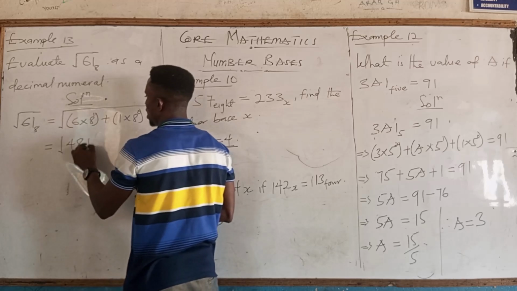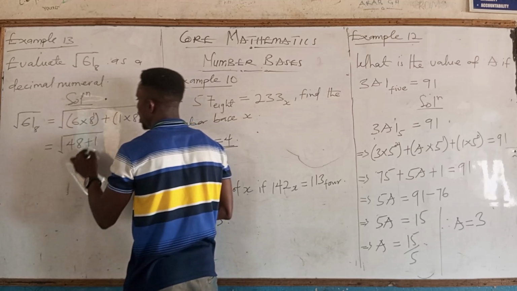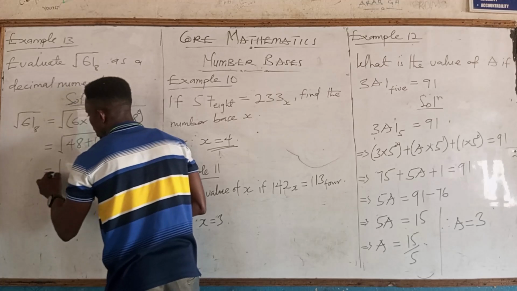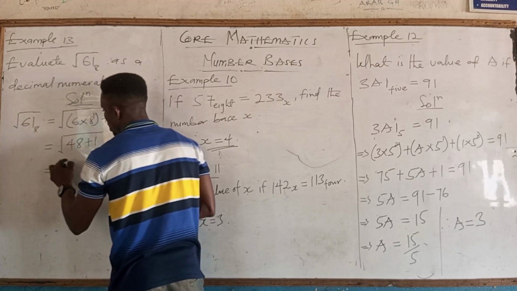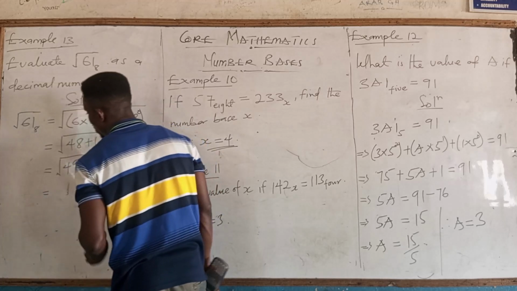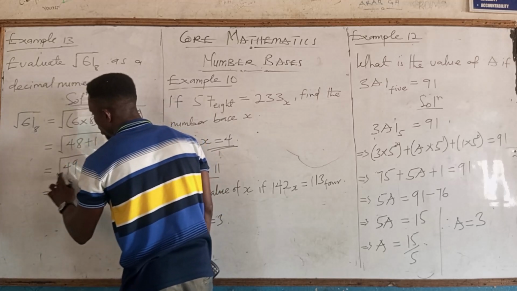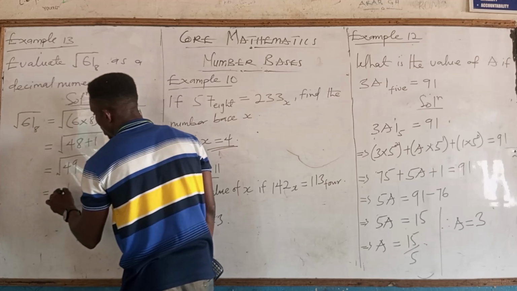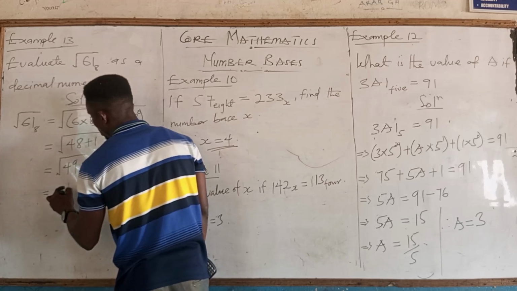Then this one is getting us plus 1. So that is that. Then last, I get 49. Then lastly, the square root of this is plus or minus 7.